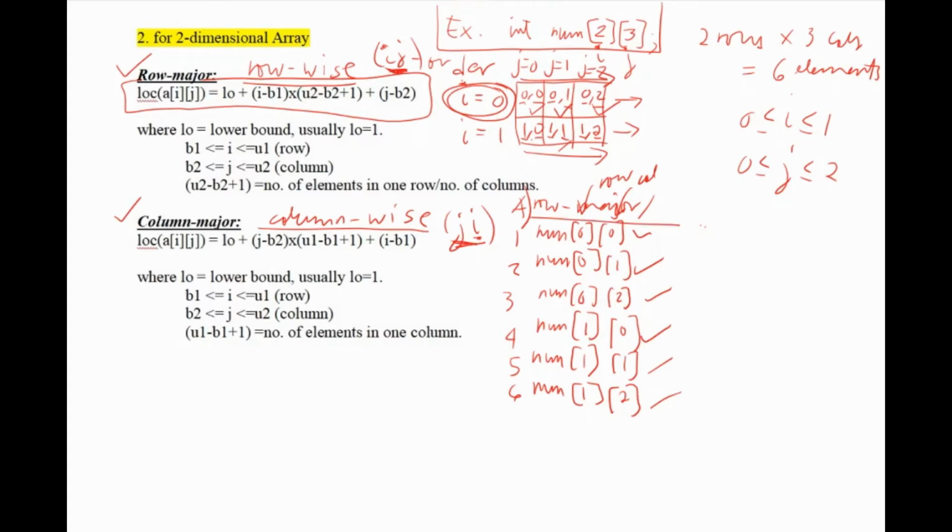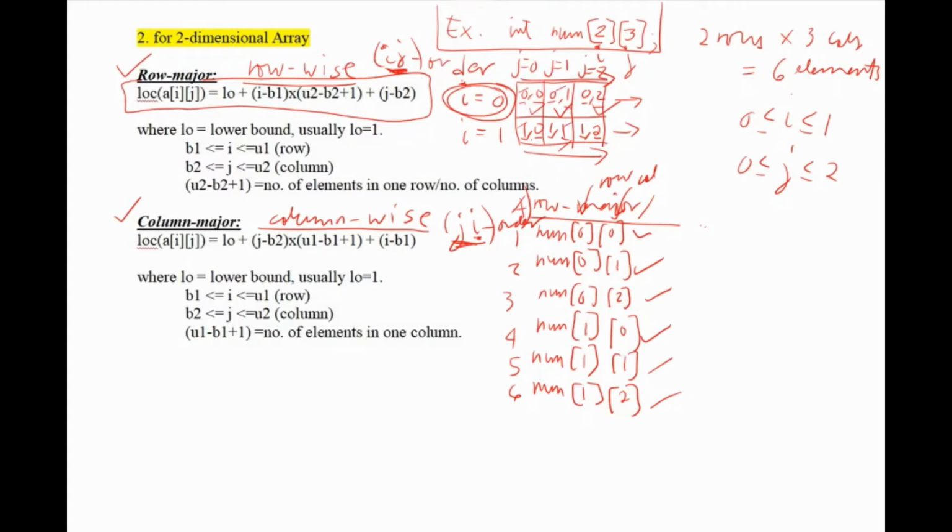For the column major or column-wise or the ji order, our primary reference is the column. So it is column-wise, therefore we proceed from the first column. This would be listed first and then next. After the first column, we move to the next column, so this would be the third and the fourth.